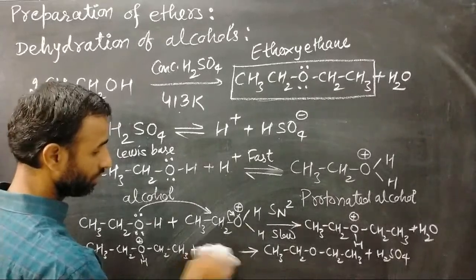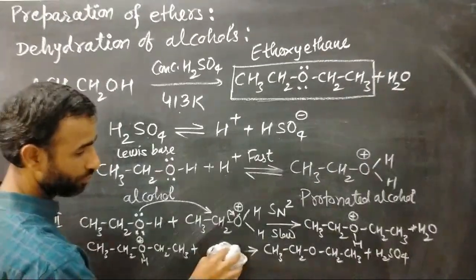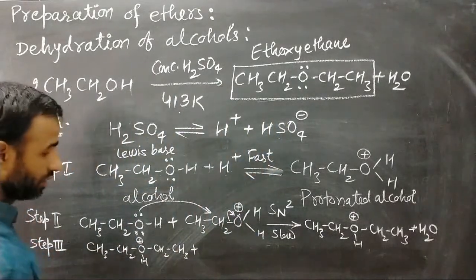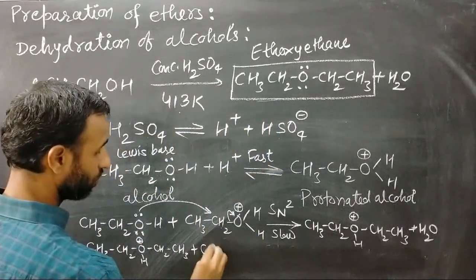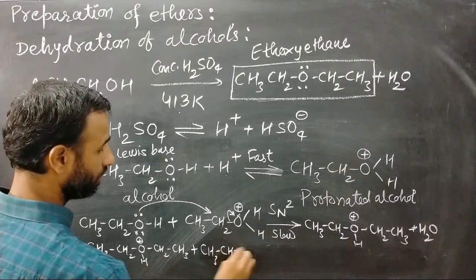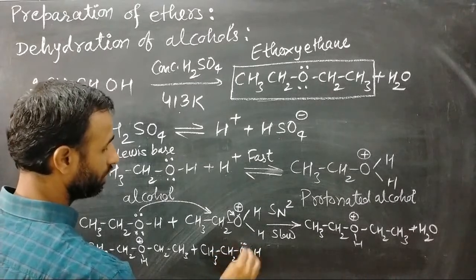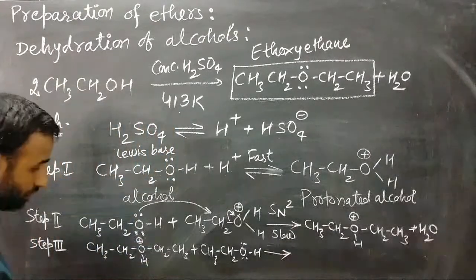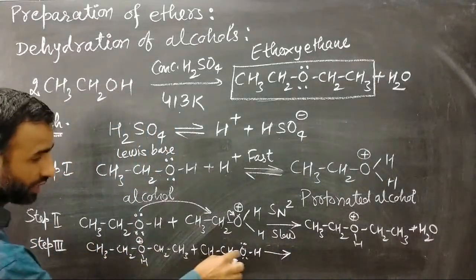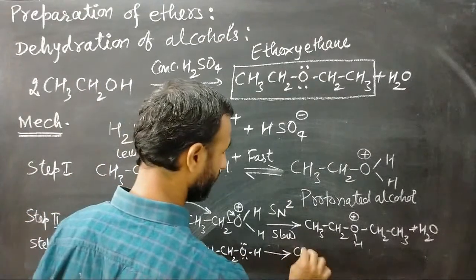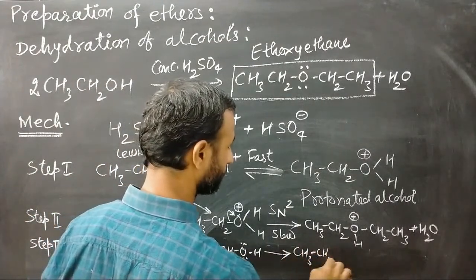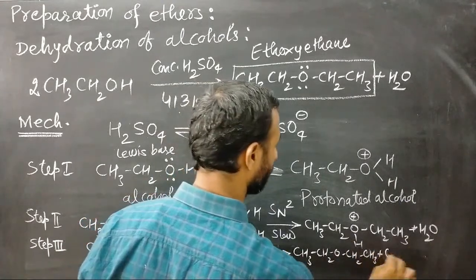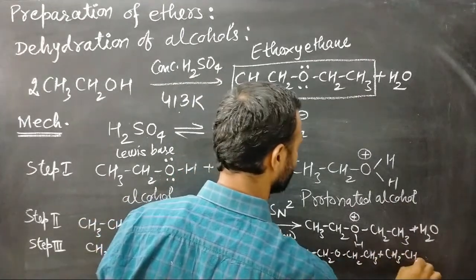See, in many cases in this step, again alcohol will be used, this H plus ion shifts here, and we get this along with CH3CH2.